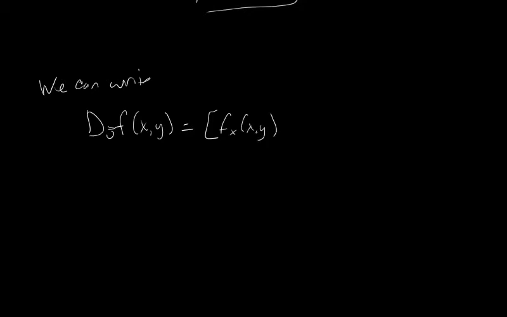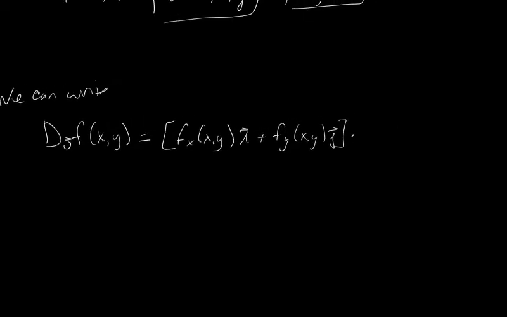We can write our directional derivative as being equal to the partial derivative with respect to x in the i direction plus the partial derivative with respect to y in the j direction, dotted with our vector u, which is cosine of theta in the i direction plus sine of theta in the j direction.